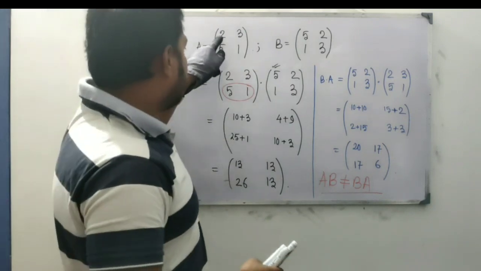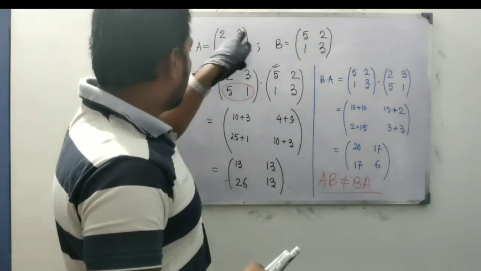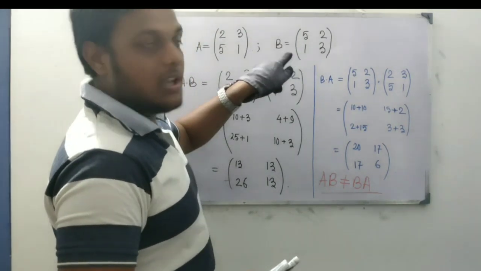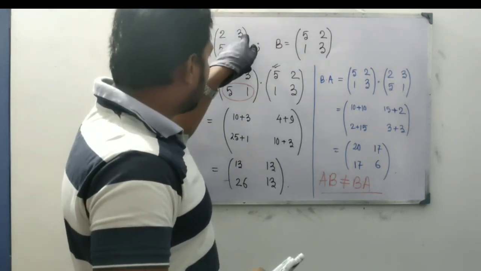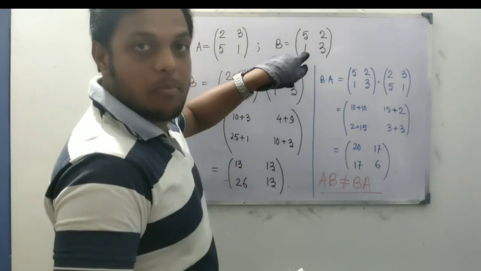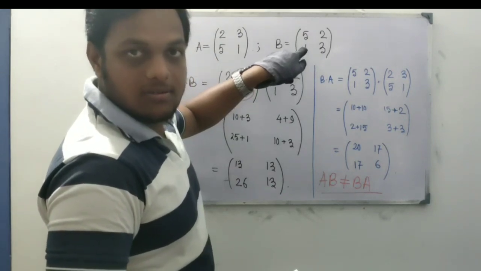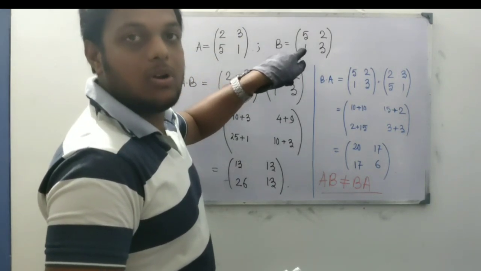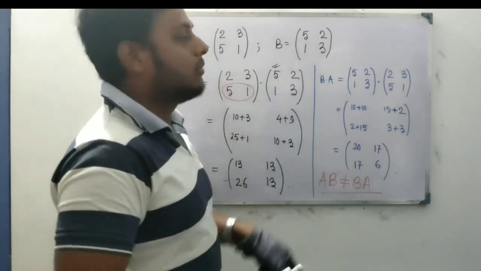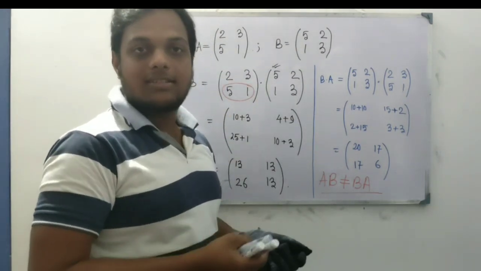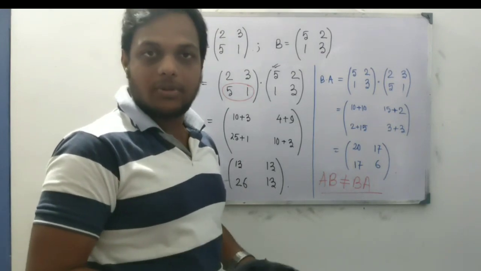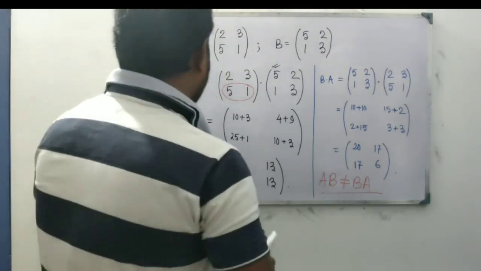See, matrix multiplication depends on rows with columns. So if in any case the number of elements in a row and the number of elements in a column do not match, then we are not able to apply the concept of the inner product, and in that case matrix multiplication is not possible. Okay, I am considering an example.